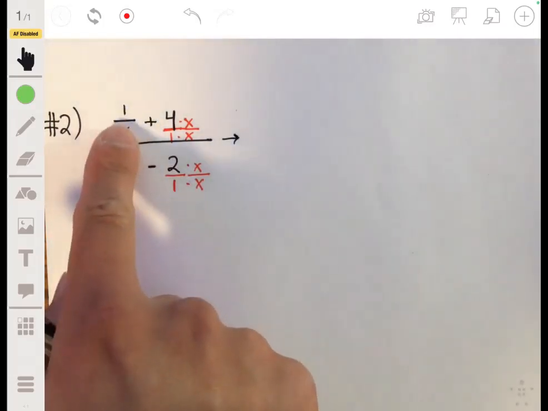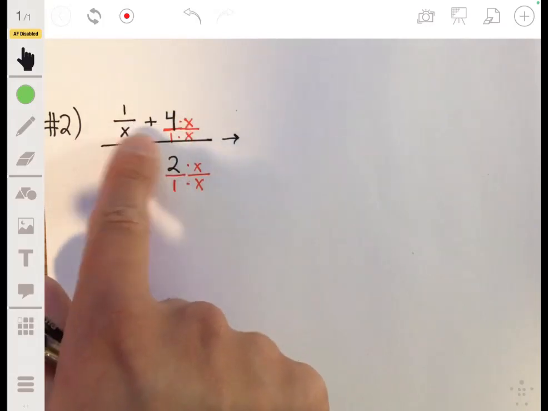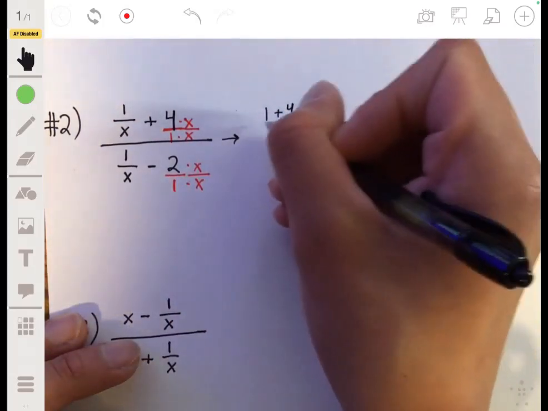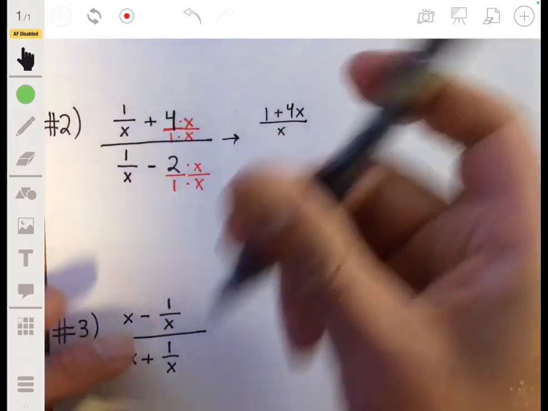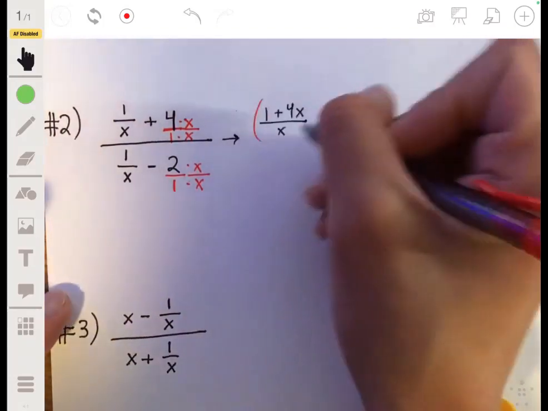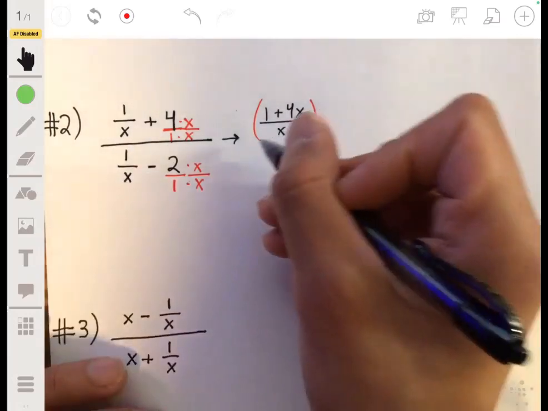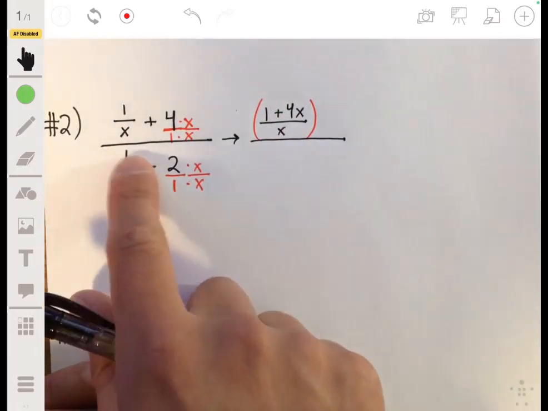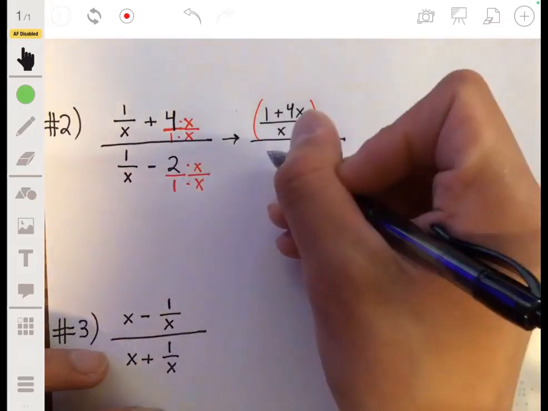And then what you have now is 1 plus 4x all over x. And then in the denominator, you just have 1 minus 2x all over x.